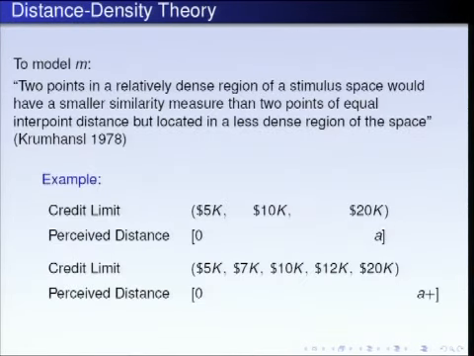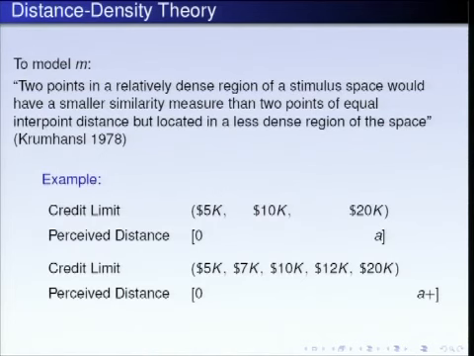Well, that's where this distance density theory comes in, and what it actually says is that if the region is more crowded, like here, in terms of your perception, it pushes the scale out. So what we thought we would do is model this M in terms of the number of levels presented to the consumer in the rating exercise.